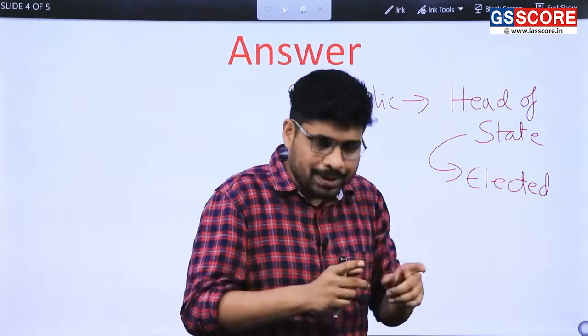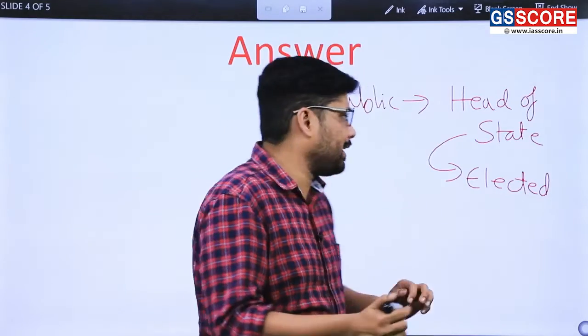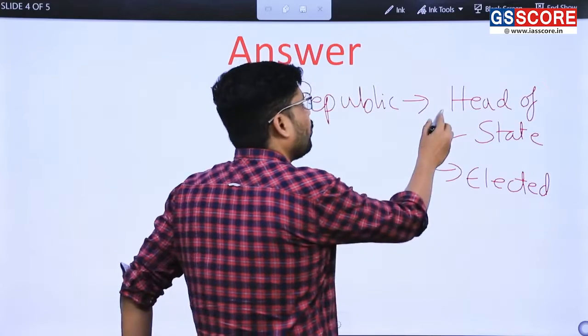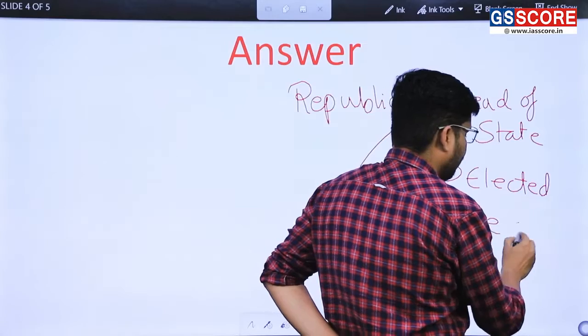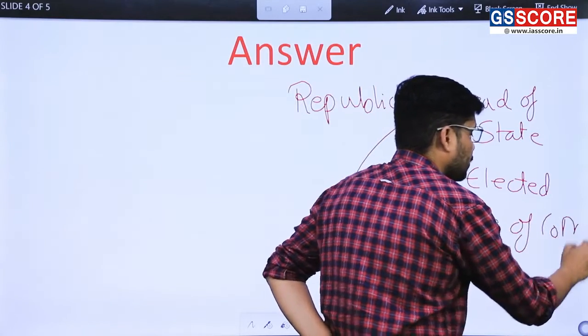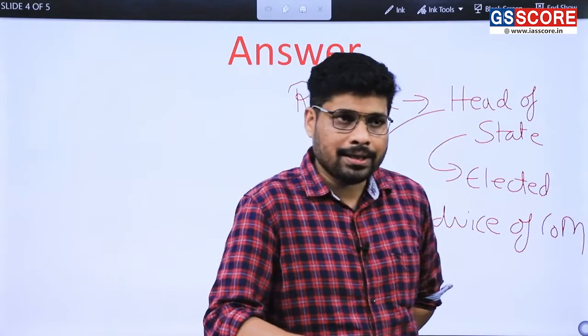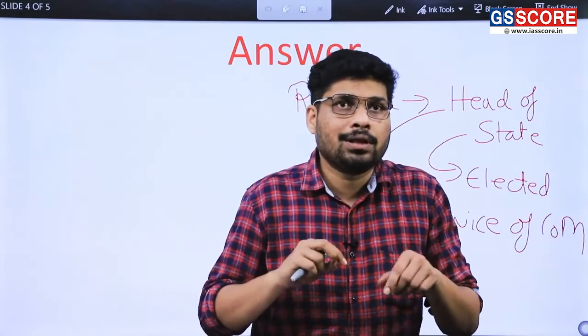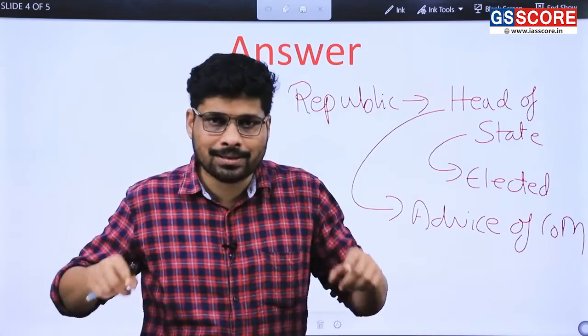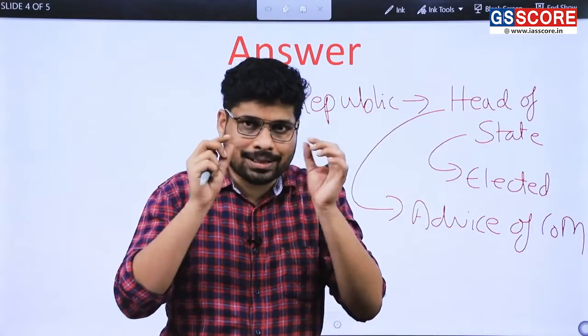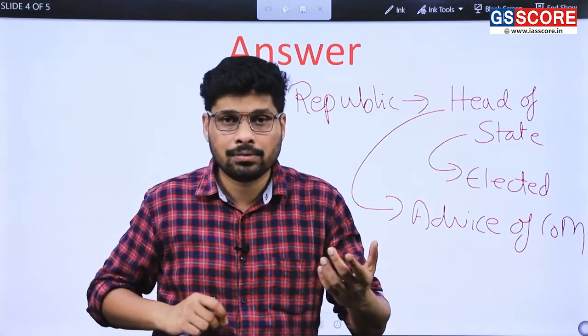Our president, even if he is the head of state, acts according to the advice of the Prime Minister and his Council of Ministers. So in that way, the republican structure getting perished has in no way occurred.